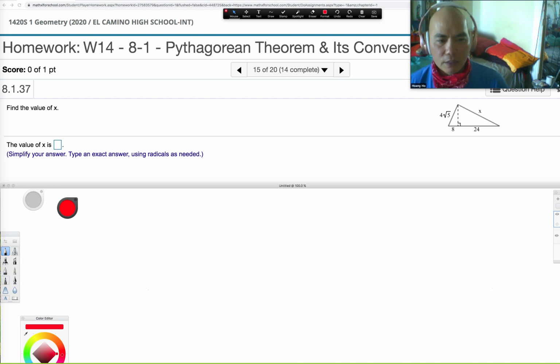So first, I need to find this part over here. Let's call it y. So you have one small right triangle on the left side and one small right triangle on the right side. Okay. So let's do the left side first.